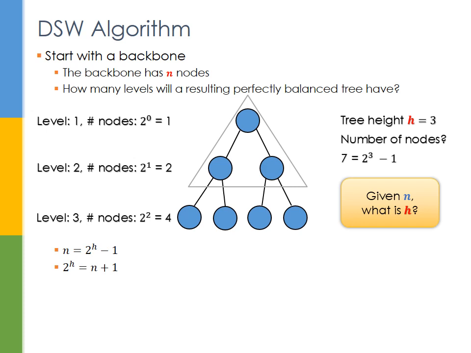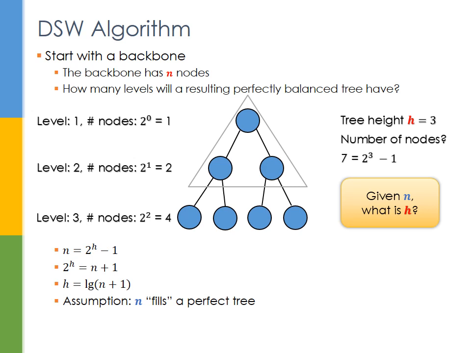Then we have 2 to the power of h, which is equal to n plus 1. We can then take the log with base 2 of both sides. So this gives us h on the left-hand side and log base 2 of n plus 1 on the right-hand side.